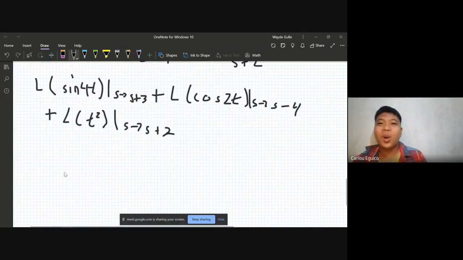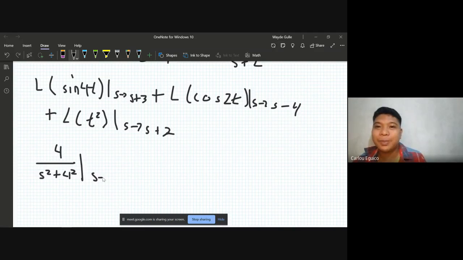Next, we're going to solve for the Laplace transform of each term. The Laplace transform of sine 4t is 4 over s squared plus 4 squared, parallel s plus 3, plus the Laplace transform of cosine 2t.